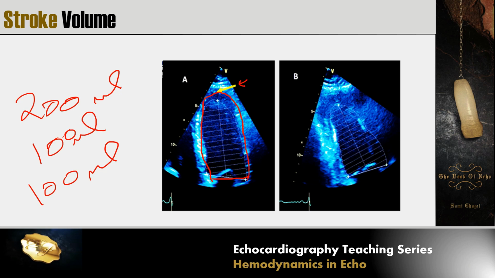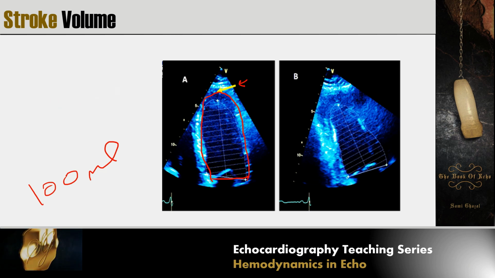This is true if there is no mitral regurgitation. If there is a mitral regurgitation, this 100 ml will be the total volume that left the LV, the LVOT antegrade flow, as well as the retrograde flow through the mitral valve.